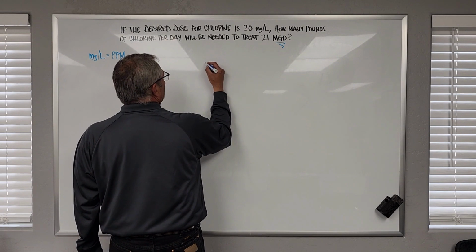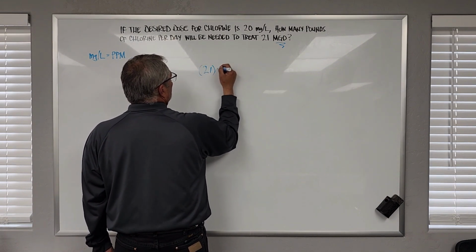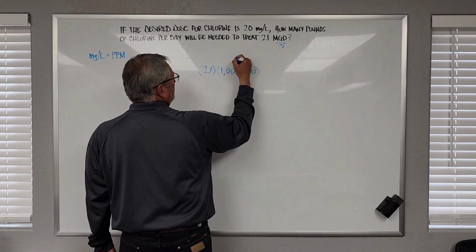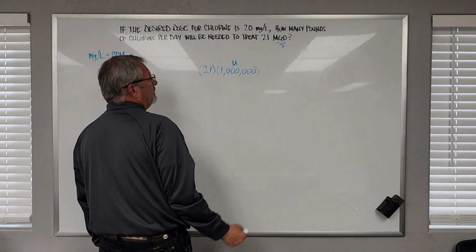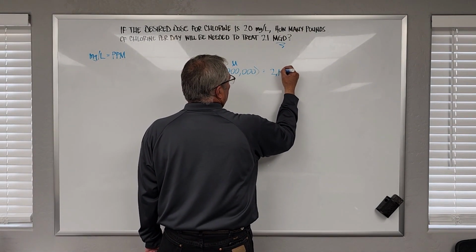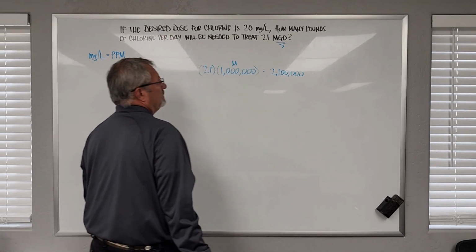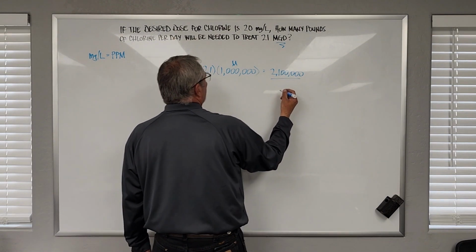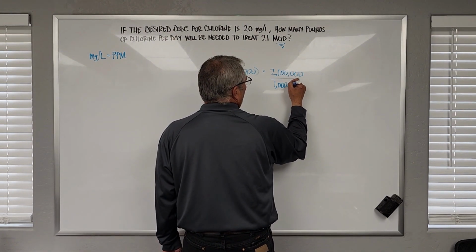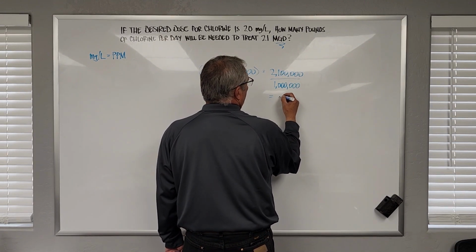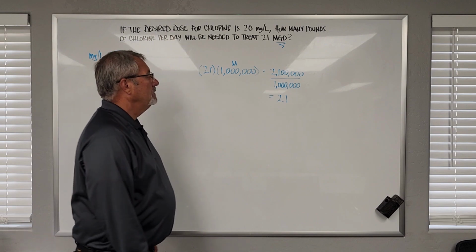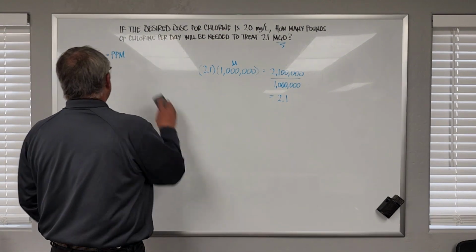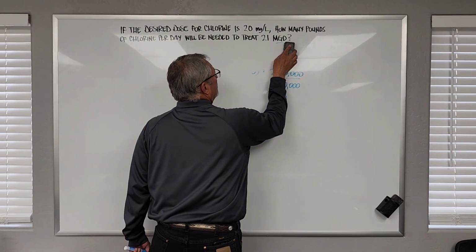Well, if I take 2.1 and multiply it by a million, which is also an M, million, I'm going to get 2,100,000. If I take 2,100,000 and divide it by 1 million, I'm going to get 2.1. Okay? These are just things that every operator should know.